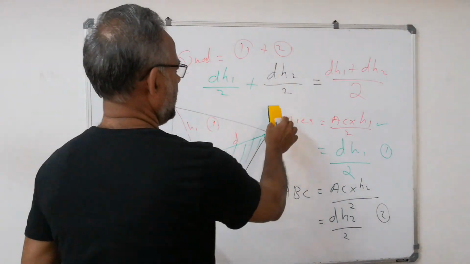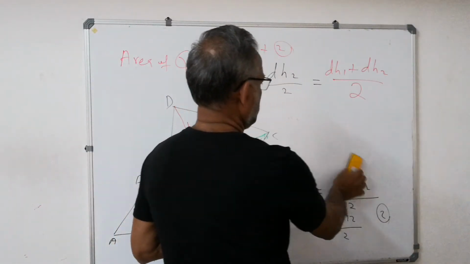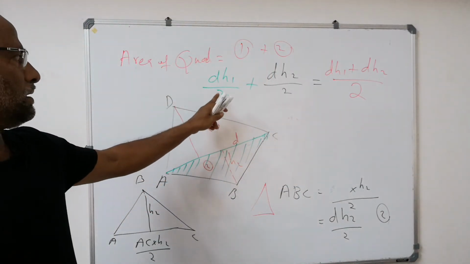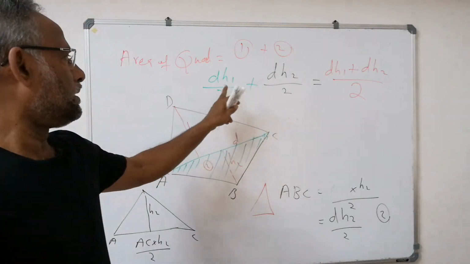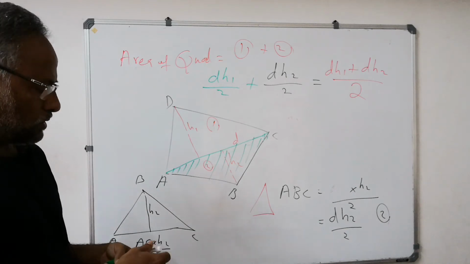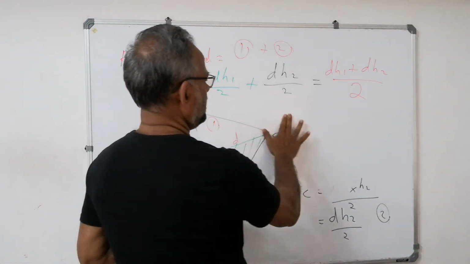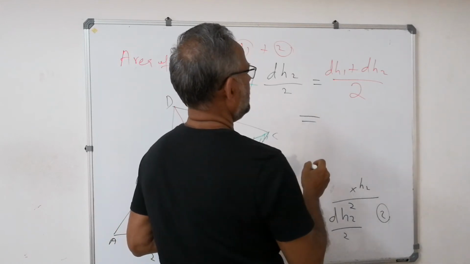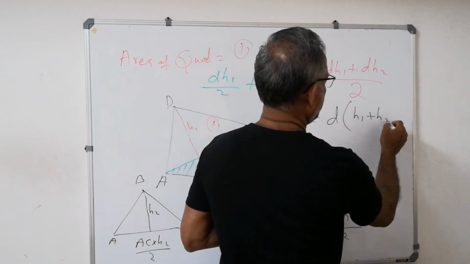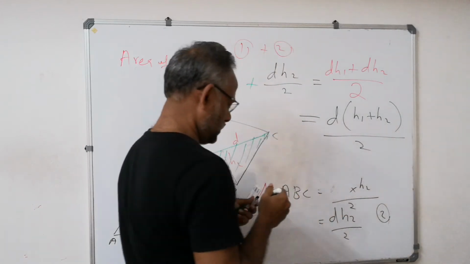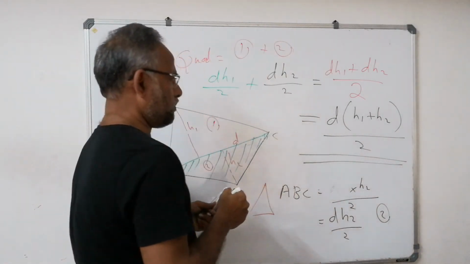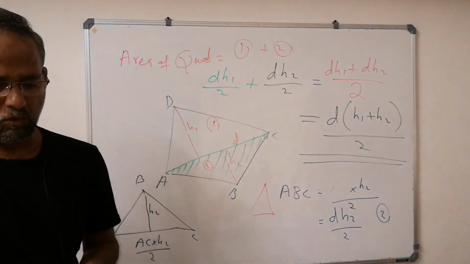That is the area of the quadrilateral, because in addition of fractions, the denominator is the same. We can beautify it and make it easy. Which is common, sir? D into H1 plus H2 by 2. This is the final formula. D into H1 plus H2 by 2.